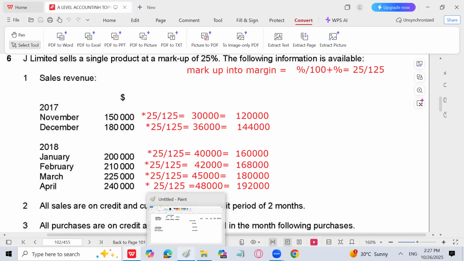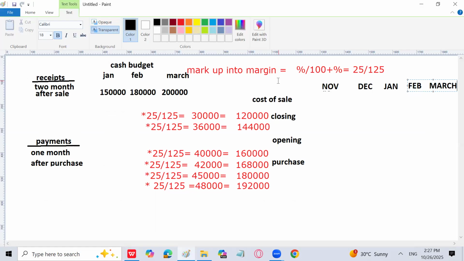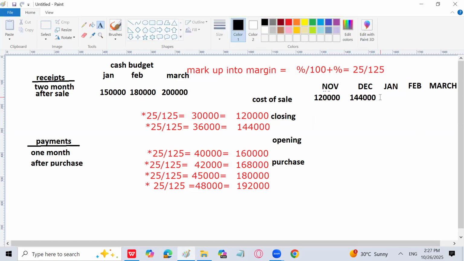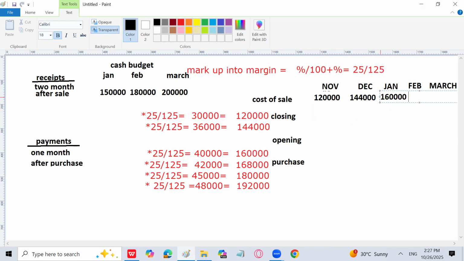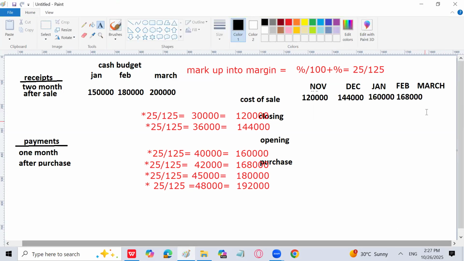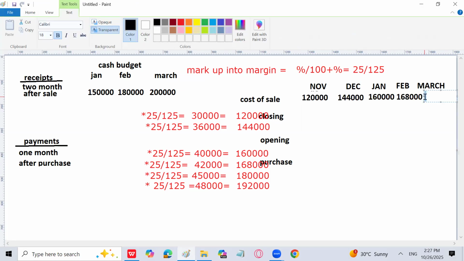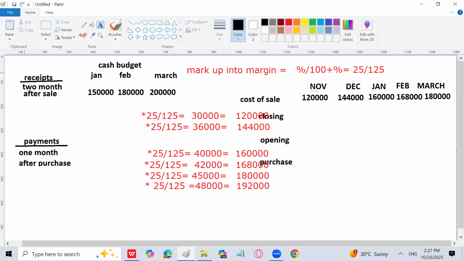So let me write it down first. 1,20,000, 1,44,000, 1,60,000, then 1,68,000, and the last but not the least, that is for March, and that is 1,80,000. Okay, so let me write the March a little bit ahead of that so that you may not find it difficult.